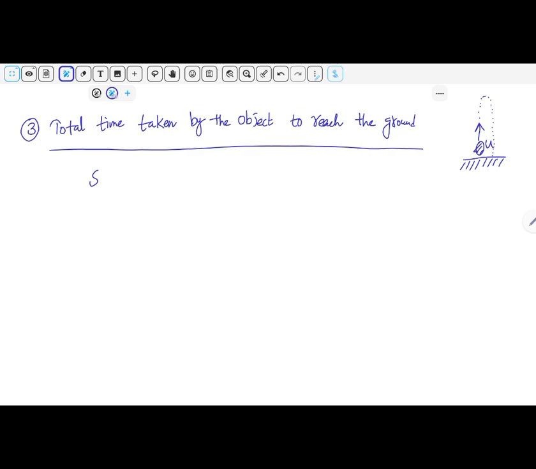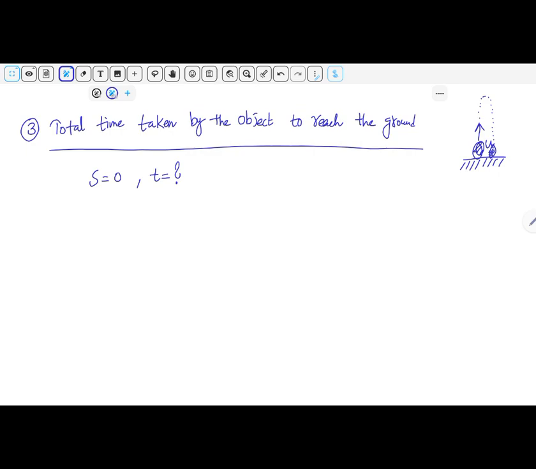Now as the object starts at the same point and reaches the same point again, the total displacement covered by the object is zero. Taking that into consideration, I'm considering the s value as 0. And what I want to find is the total time taken to reach the ground. Therefore, I don't know the t value; I want to find that t value.